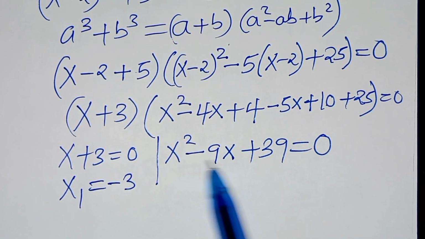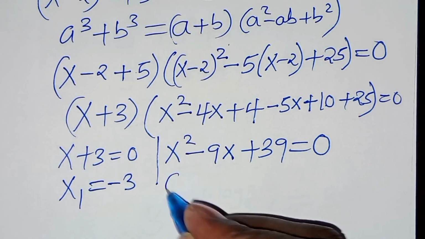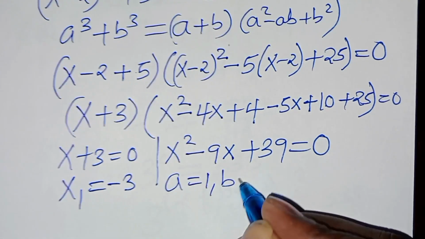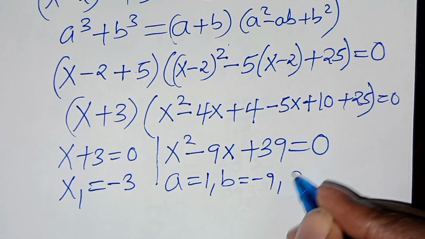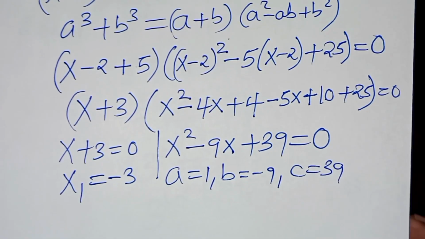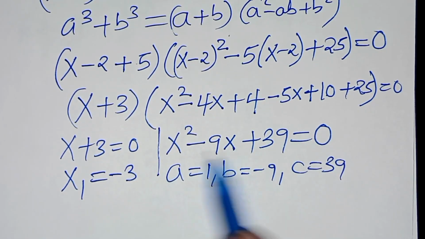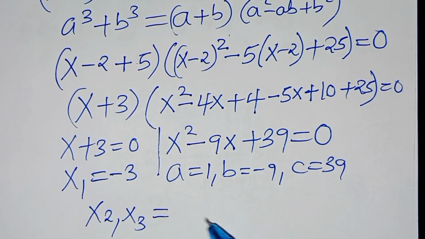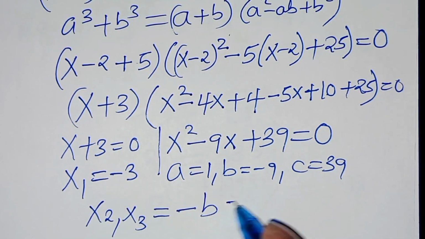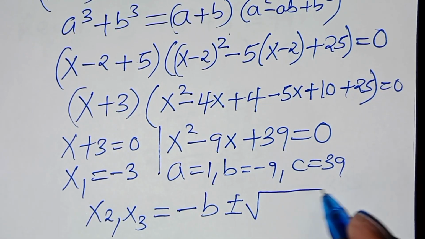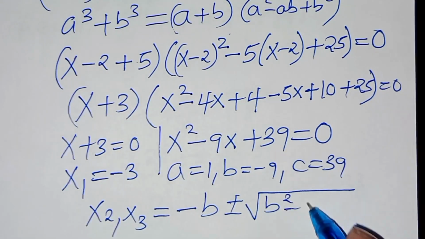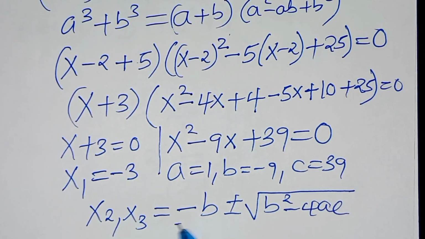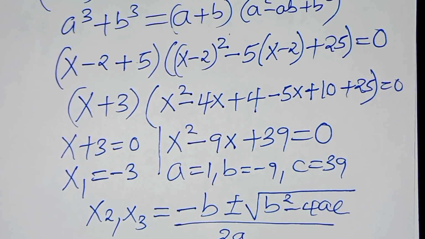And the second part here is the quadratic equation with a equal to 1, b equal to −9, and c equal to 39. So let's solve for the values of x2 and x3 by applying the quadratic formula, which is (−b ± √(b^2 − 4ac)) divided by 2a.